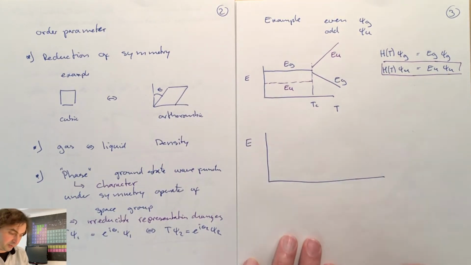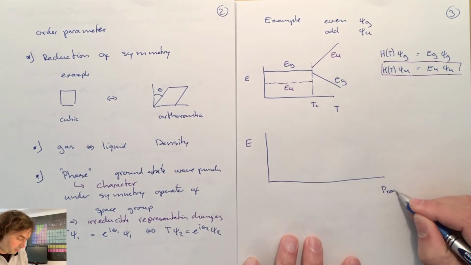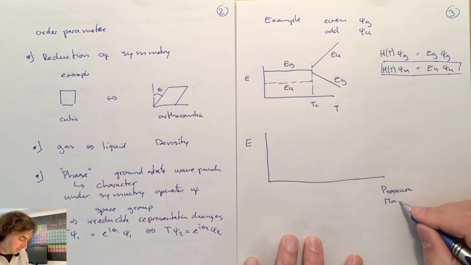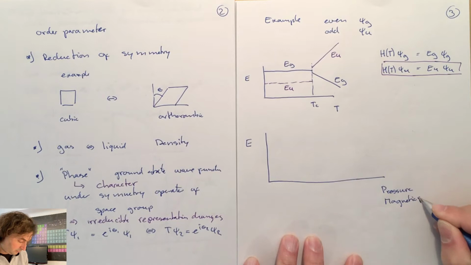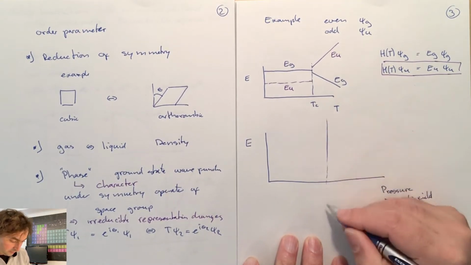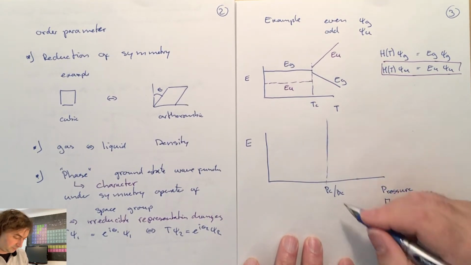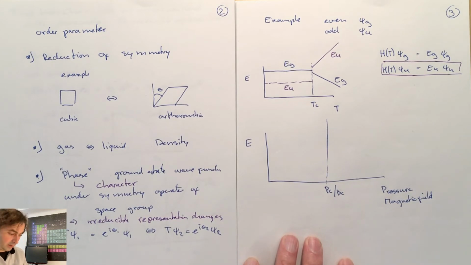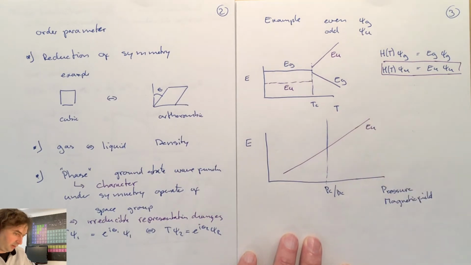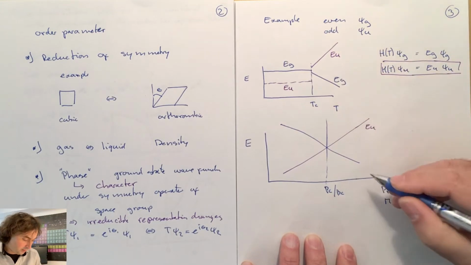But we can think of phase transitions not only as a function of temperature, but for example as a function of pressure, or as a function of a magnetic field. Then we have our critical pressure or critical field, and we have an energy dependence of the even and the odd state.